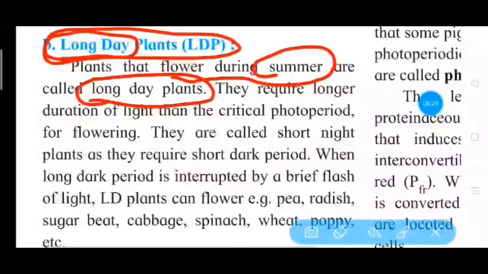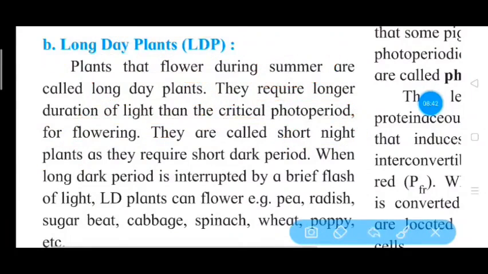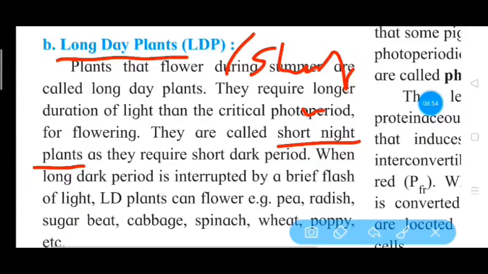They require a longer duration of light than the critical photoperiod for flowering. They are called short night plants. So we call this plant a long day plant or short night plant. They require a short dark period because the night period is very short.